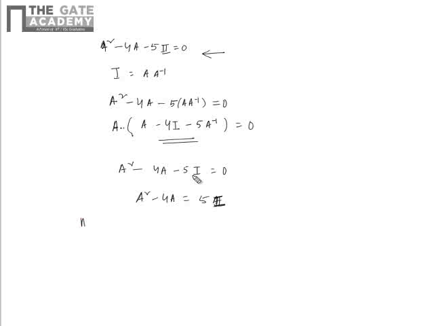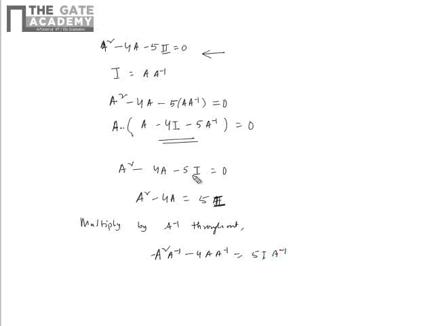Now if I multiply by A inverse throughout, I get A square A inverse minus 4A inverse is equal to 5i A inverse.